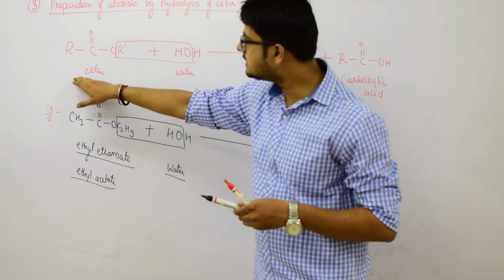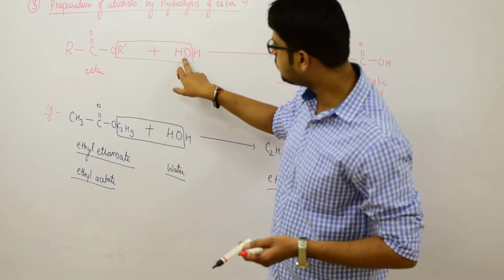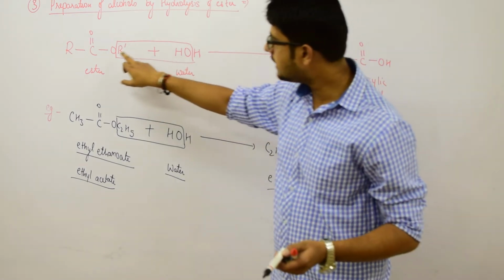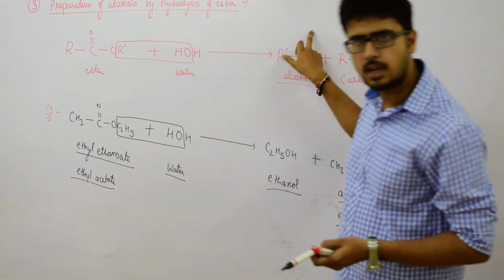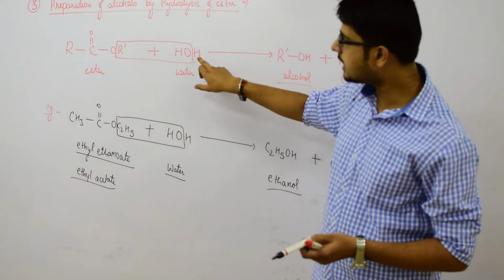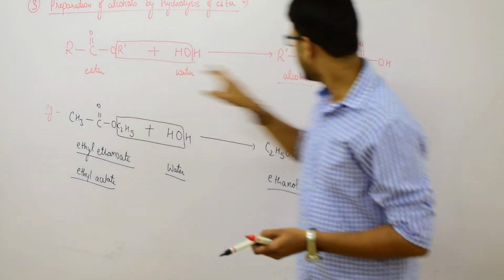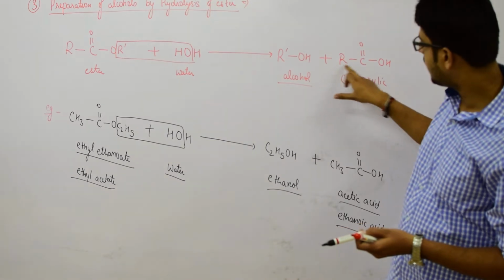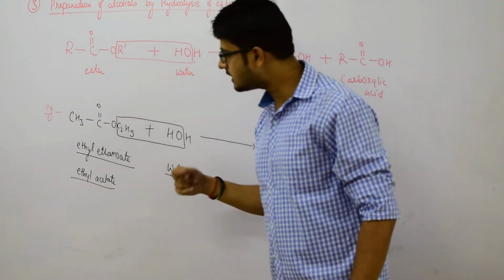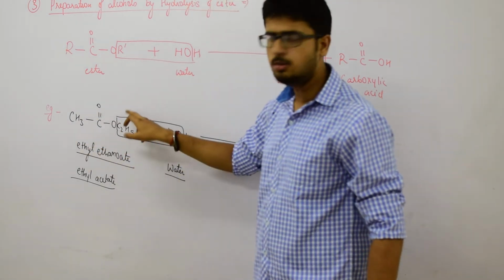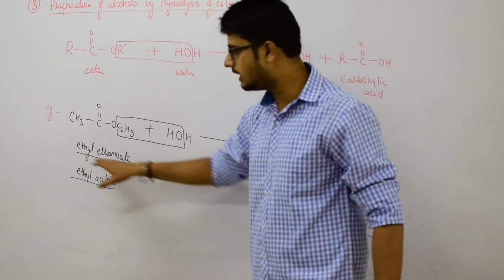So when we are hydrolyzing ester with water, this OH group of water combines with R dash to form alcohol, R dash OH, and this hydrogen atom combines with this oxygen atom to form carboxylic acid of the type RC double bond OH. Let us take one example. This is our ester molecule, commonly called ethyl acetate, and IUPAC name is ethyl ethanoate.